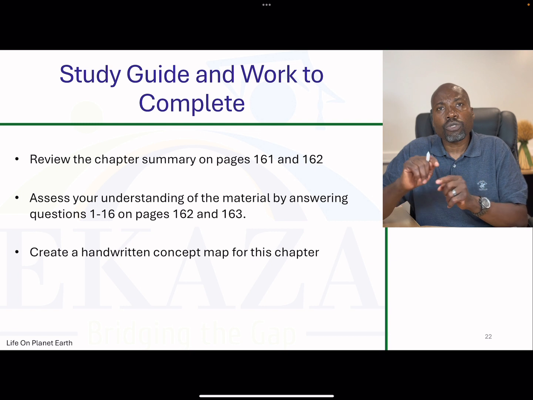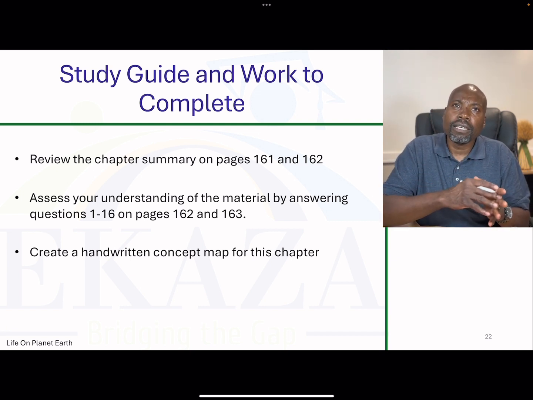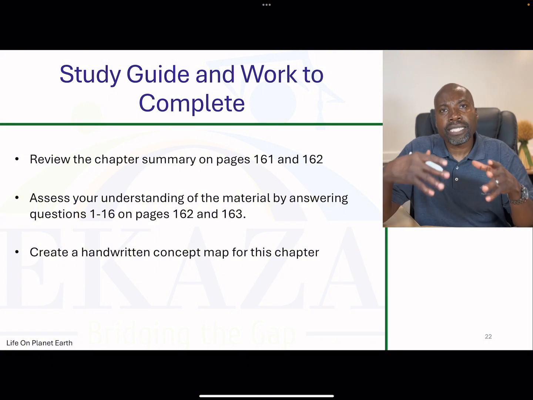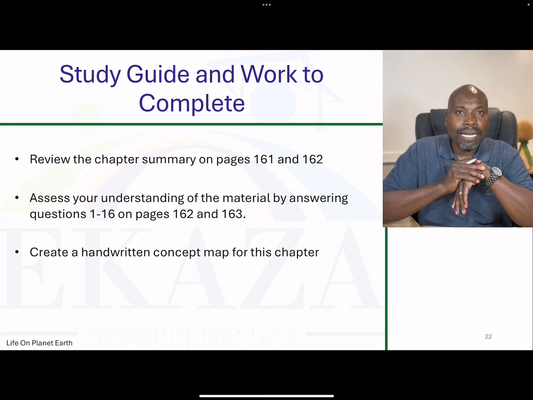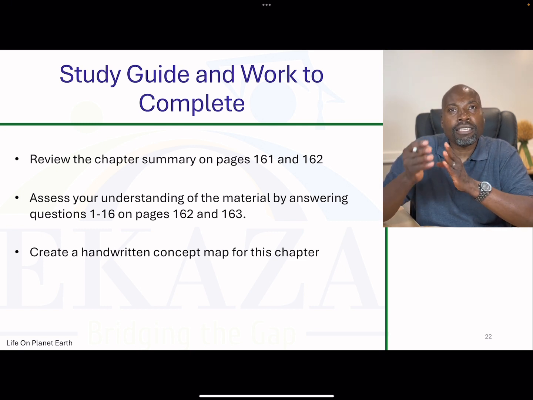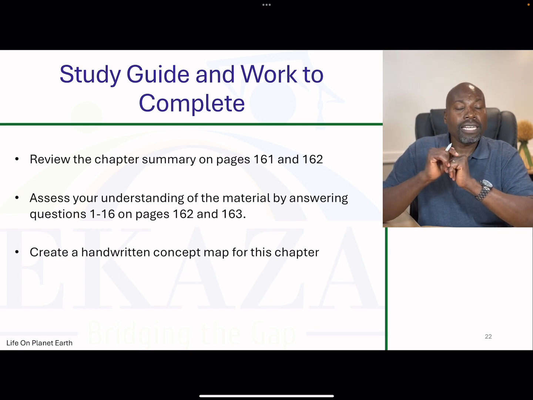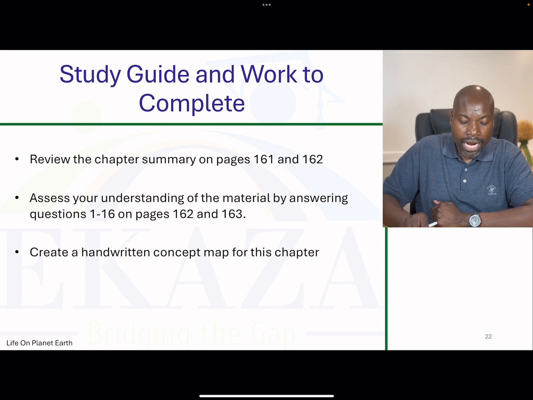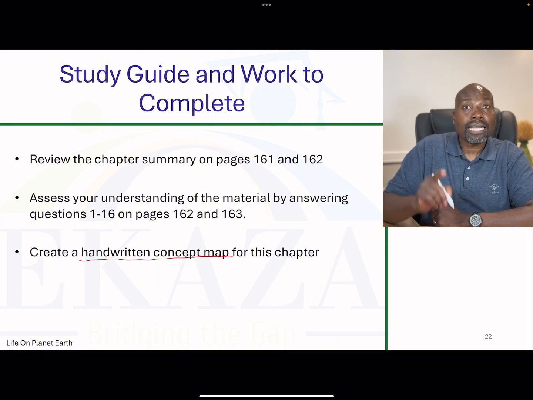By producing those questions yourself, you give yourself the chance to analyze the material. Talk to your classmates. Do some questions at the end of the chapter in your textbook. Finally, and like always, create a handwritten concept map, which can be very helpful.